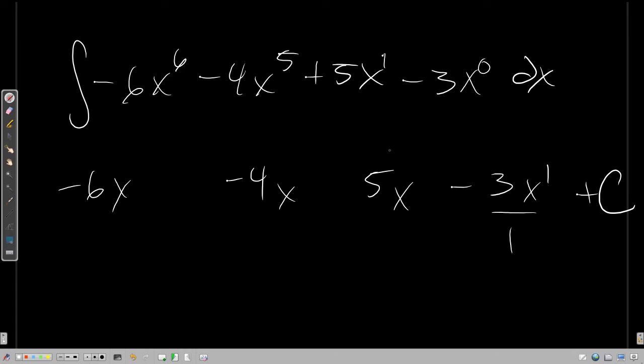This one has an exponent of 1, so I'm going to divide by 2, exponent 2. This one has an exponent of 5, so I'm going to divide by 6, exponent 6. And this one has an exponent of 6, so I'm going to divide by 7, exponent 7, and there we are.